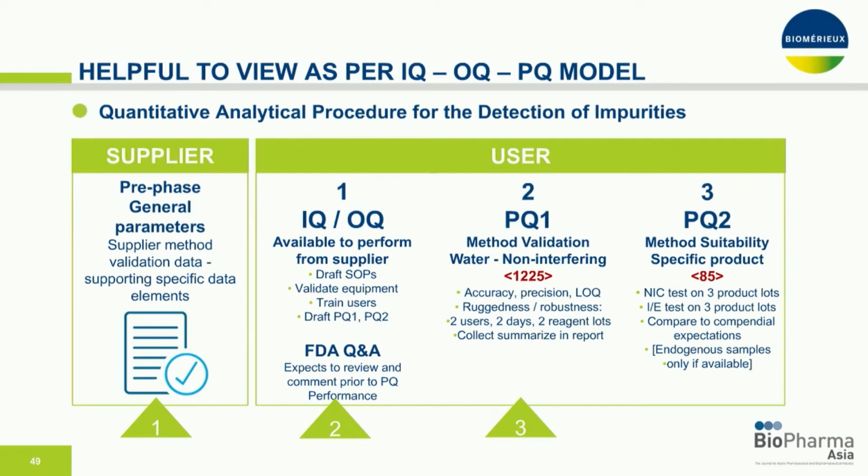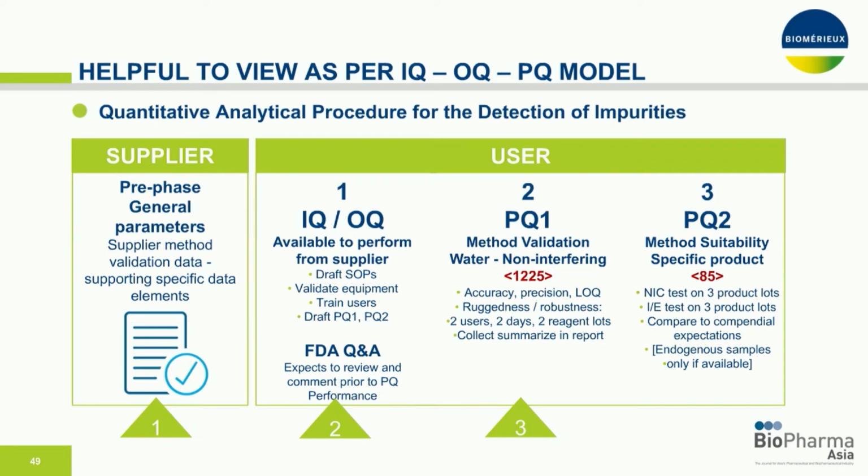PQ1 is what here we're calling the method validation. So the method validation would use non-interfering water to demonstrate these accuracy, precision, limit of quantitation. These 1225 data elements can be proven. We call this the method validation.